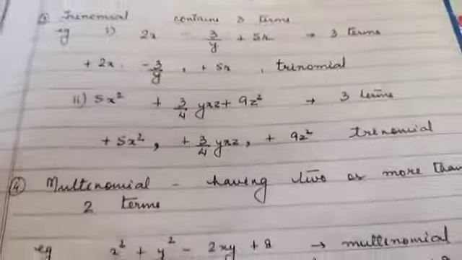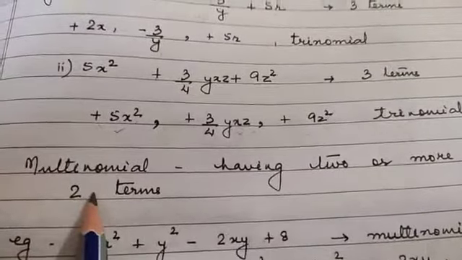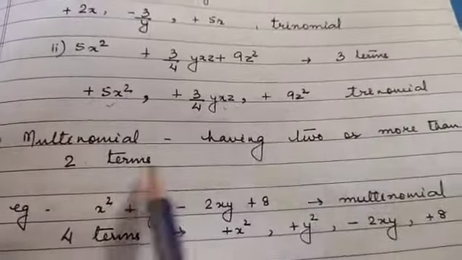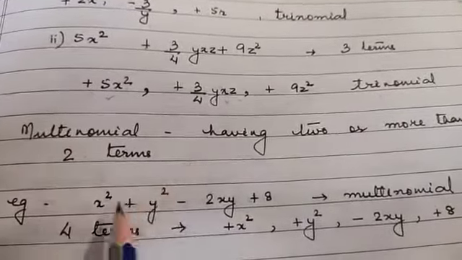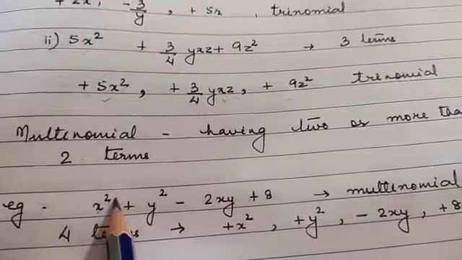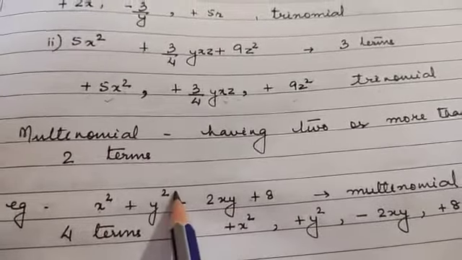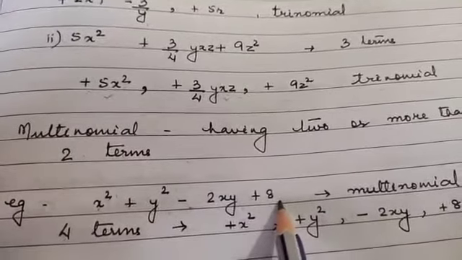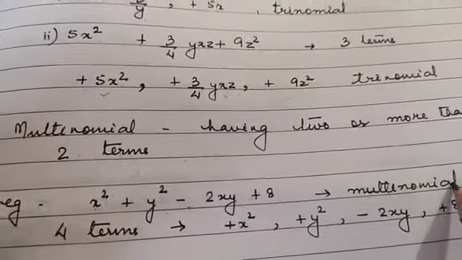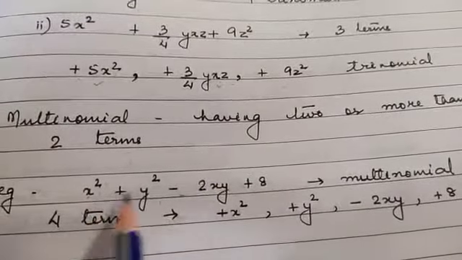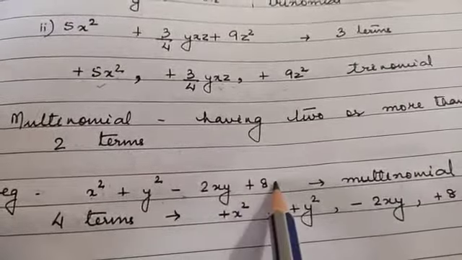Okay. Then what is multinomial? Multinomial expressions have two or more than two terms. x square plus y square minus 2xy plus 8. It is a multinomial expression carrying four terms. 1, 2, 3, 4.